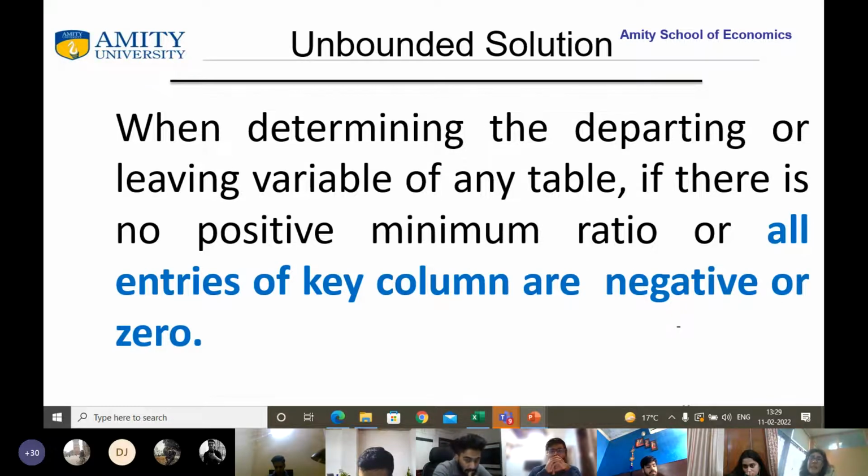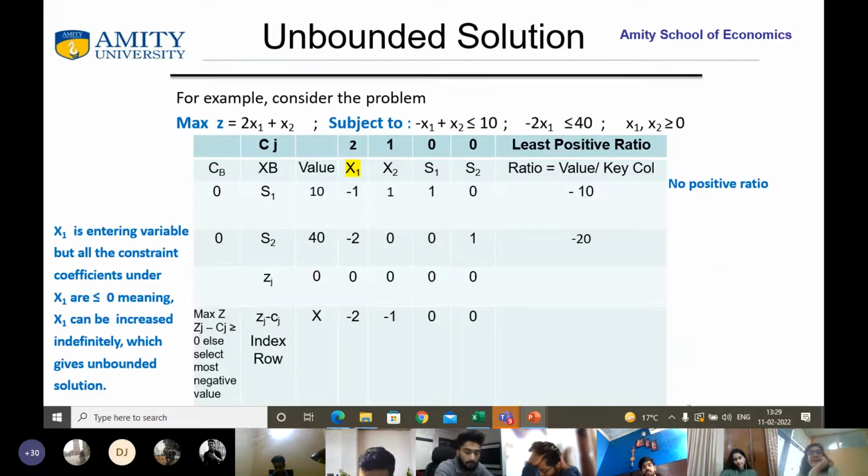Then we can say that we are unable to decide any ratio, and hence the solution is unbounded, right? So here you can see all the ratios are negative, so there is no possibility of selecting any key row, and hence the solution to this problem is unbounded.